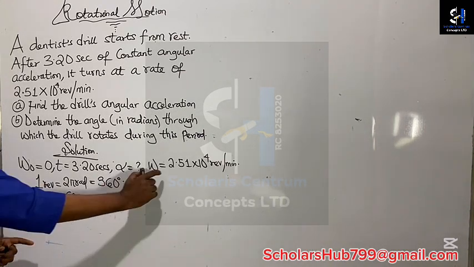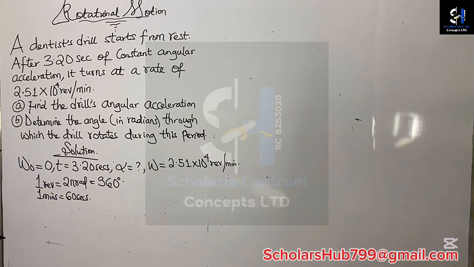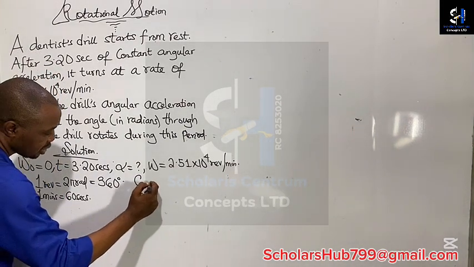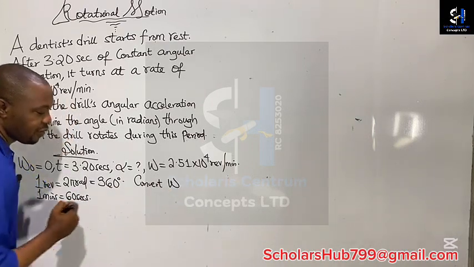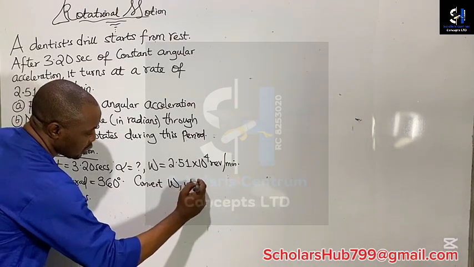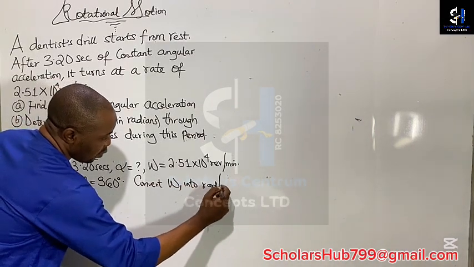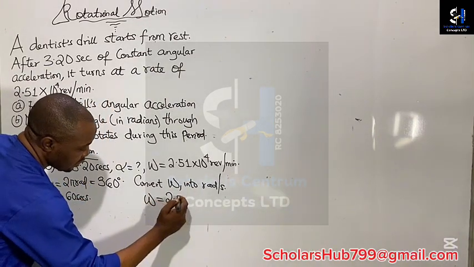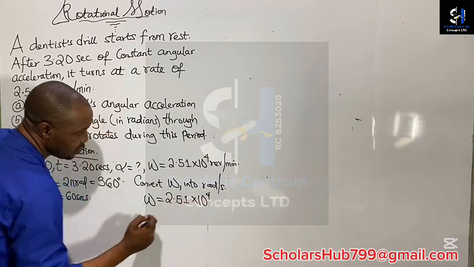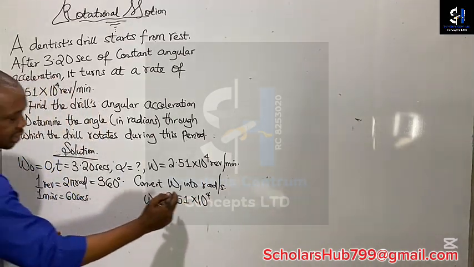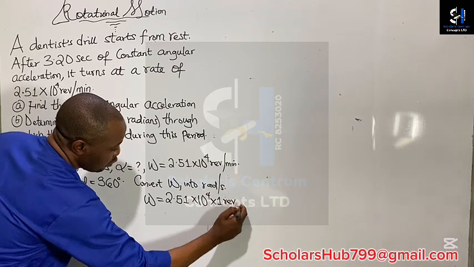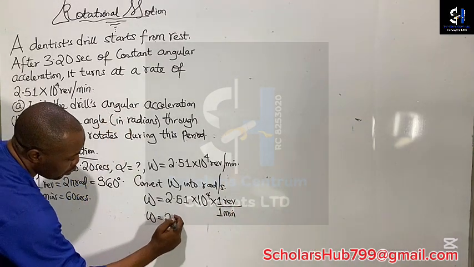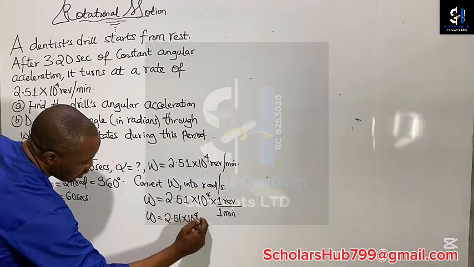So let's convert ω, the final angular speed, into rad per second. We have the final angular speed to be 2.51 multiplied by 10 raised to the fourth, multiplied by 1 revolution over 1 minute. So this will be 2.51 multiplied by 10 raised to the fourth.